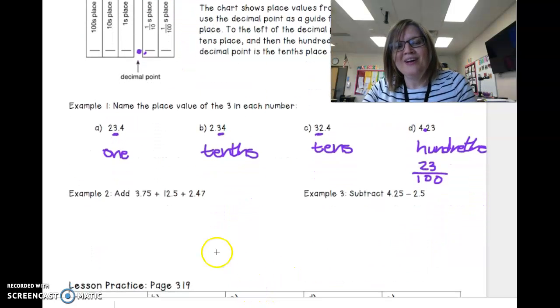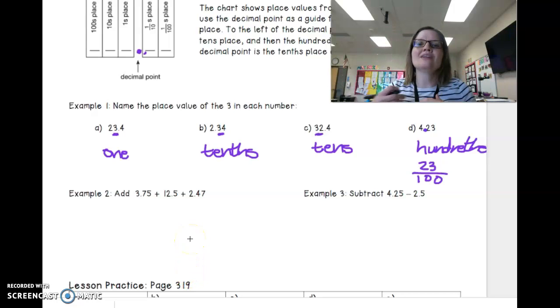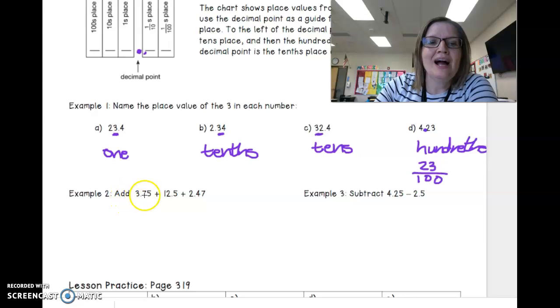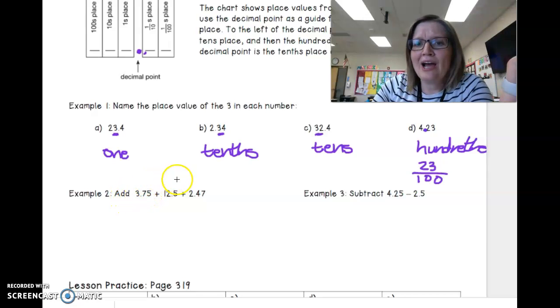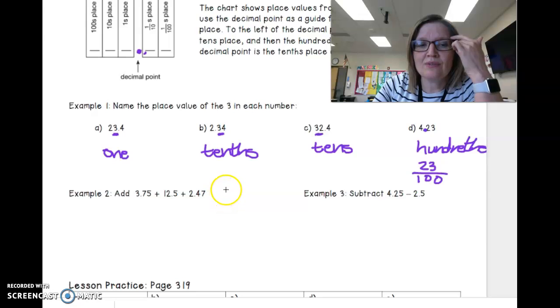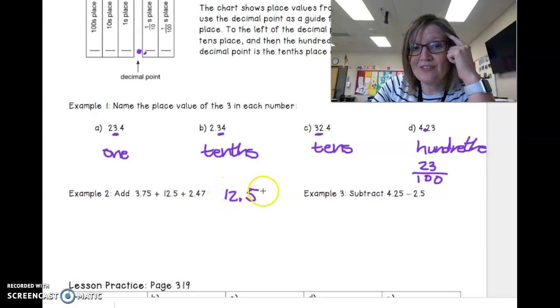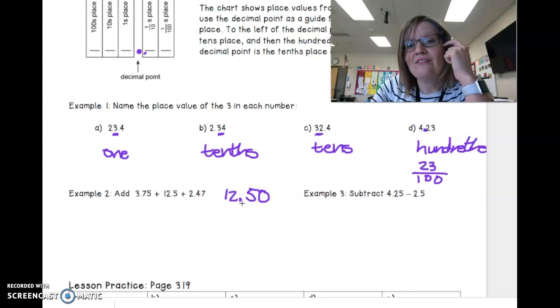Now, when we are adding our decimals, there is a certain thing that we need to remember. How do we treat zeros? Or how do we treat open spaces? When you see this number 12 and 5 tenths, we can say that it's 12 and 5 tenths, and we can say that it's 12 and 50 hundredths.